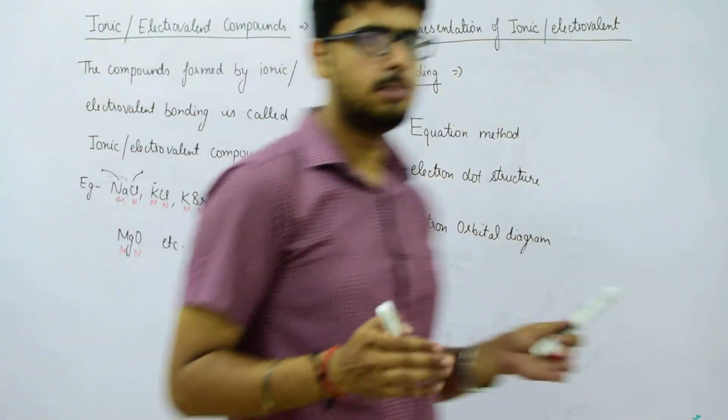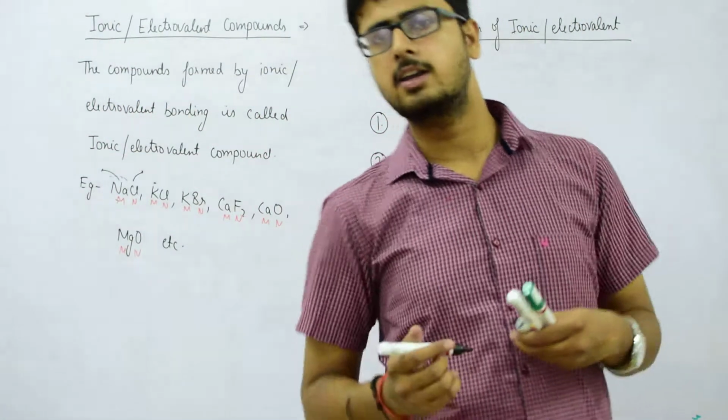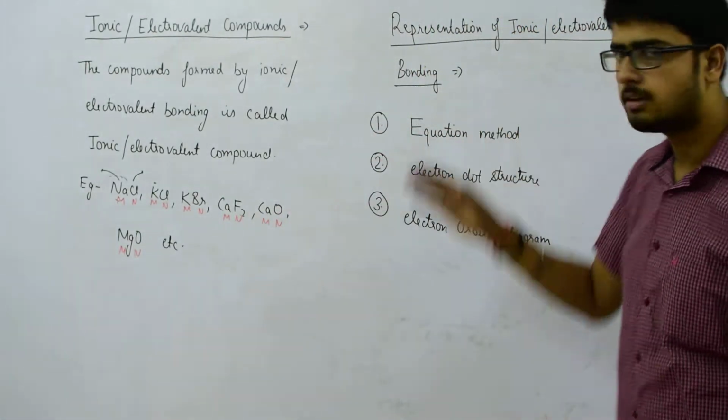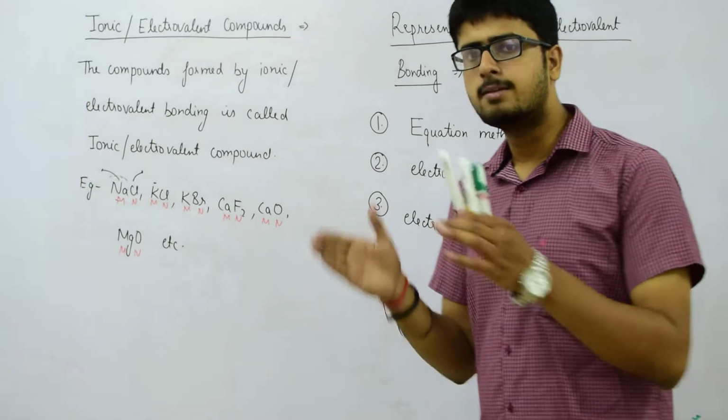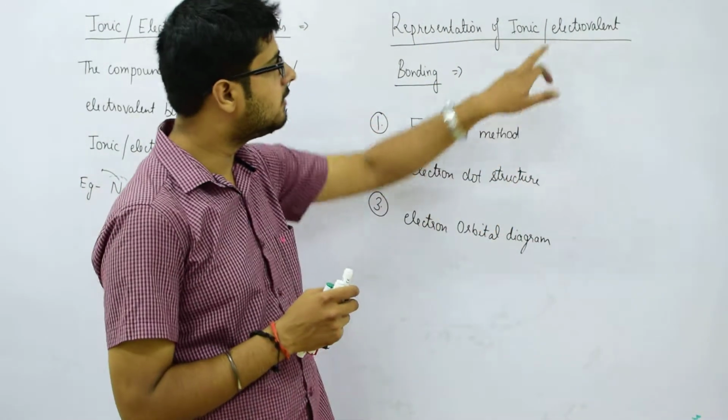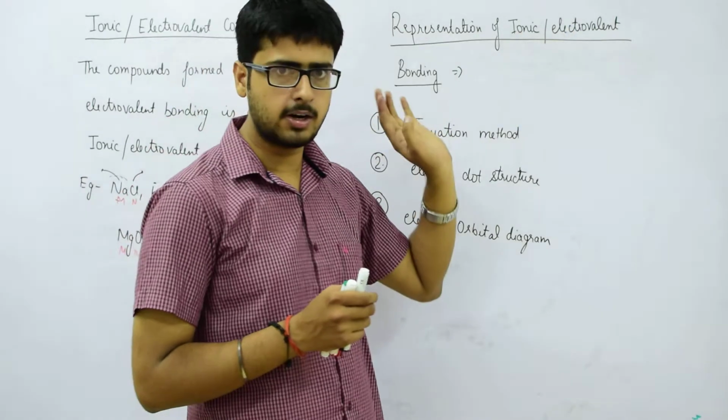So we saw about ionic bonding and ionic compounds. Now we are going to discuss the various types of representation which can be used for the explanation of the mechanism involved behind ionic or electrovalent bonding.